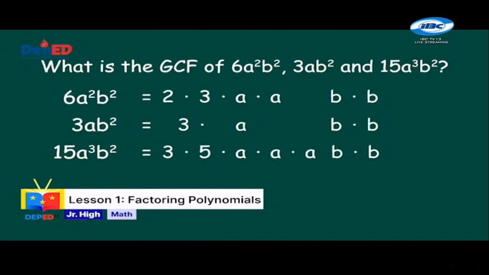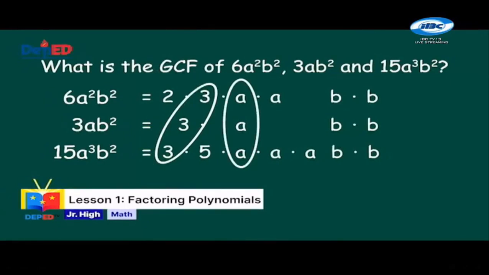Then we have 15a cubed b squared. This monomial can be written as 3 times 5 multiplied with a times a times a, multiplied with b times b because of the indicated exponents. Now, identify the common factors. We will have these numbers and variables.